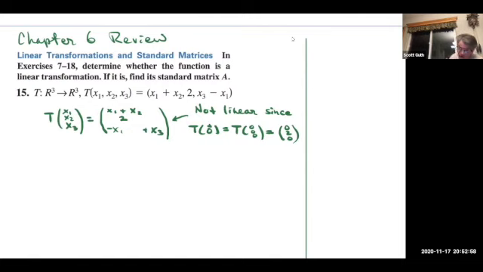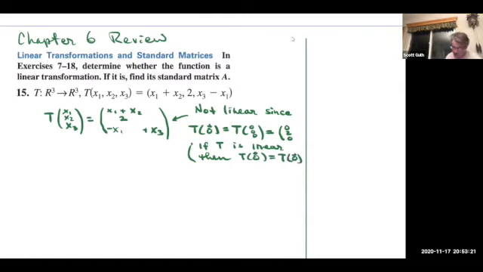So that is to say that if t is linear, then t of 0 must be 0. It never moves the origin, is what that says.